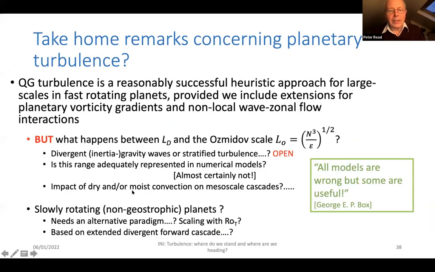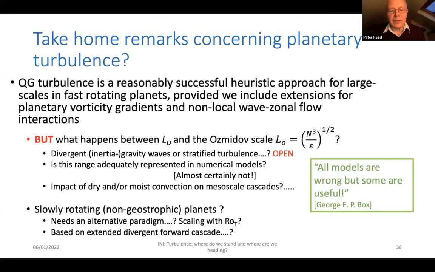What about slowly rotating, non-geostrophic planets? There we certainly need an alternative paradigm, but one perhaps related to the mesoscale part of the quasi-geostrophic turbulence paradigm.